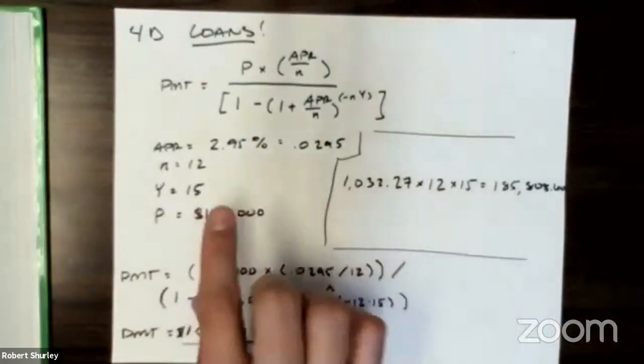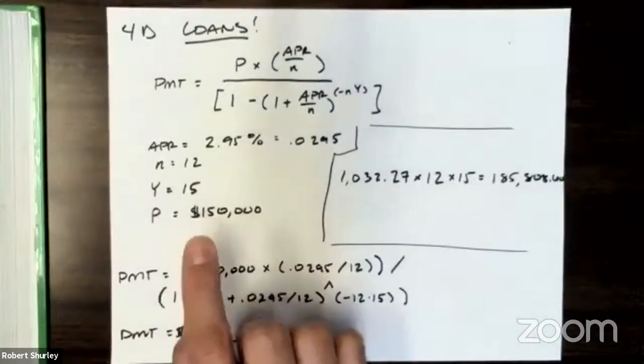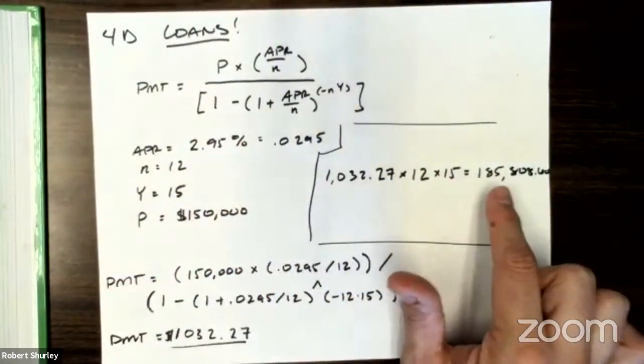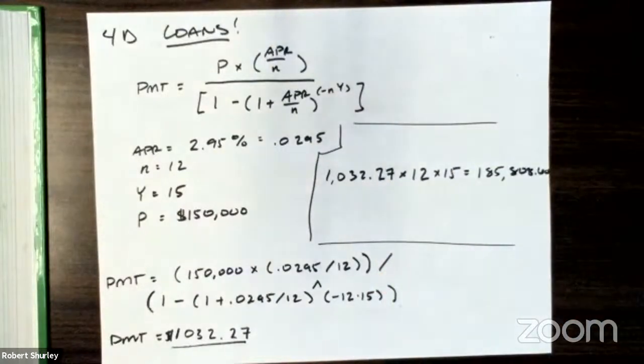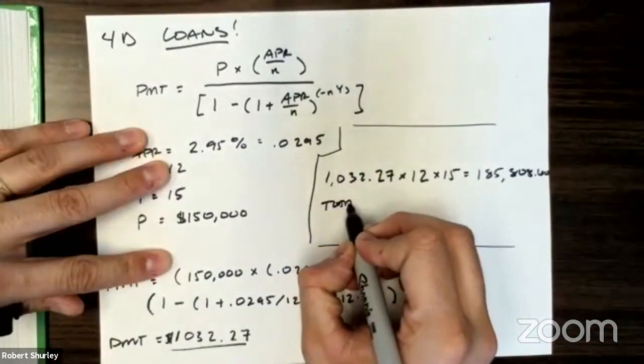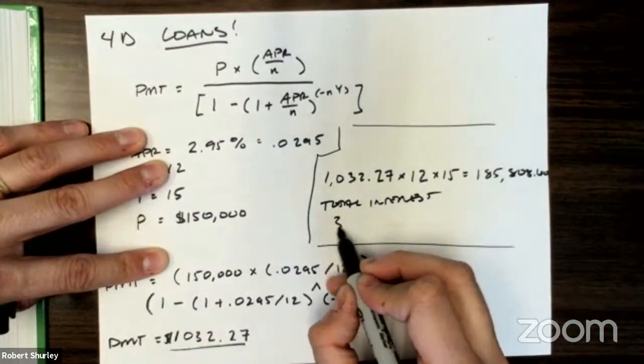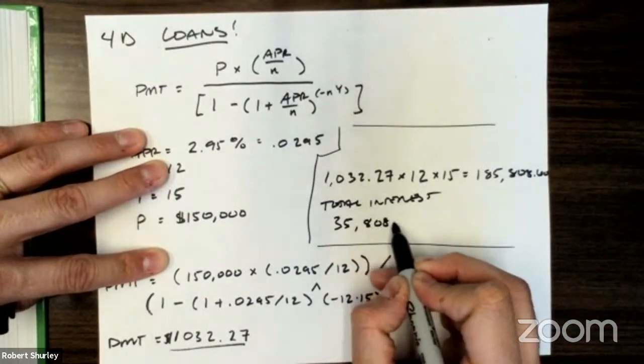Let's look at the example we did earlier. Okay, I'm going to click over, and I'm going to say that we've got that same amount. Remember, we did $150,000 over 15 years at 2.95%. And the total interest was $35,808.60.